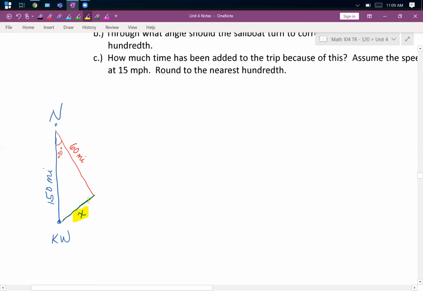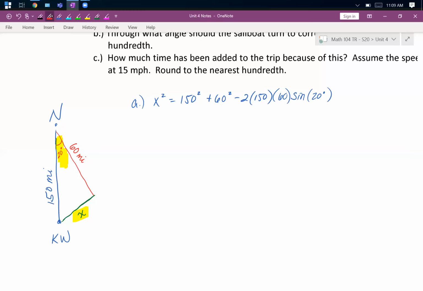We start with the side opposite the angle that we're talking about. For part A, we're going to get x squared equals 150 squared plus 60 squared minus 2 times 150 times 60 times sine of 20 degrees. Personally, I would just plug this whole thing into my calculator at once.